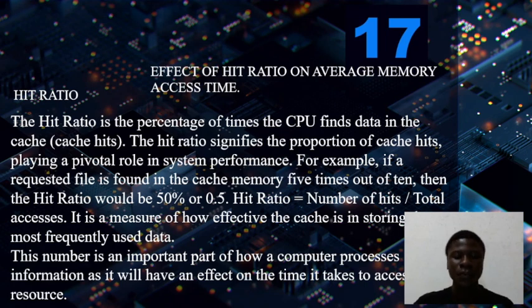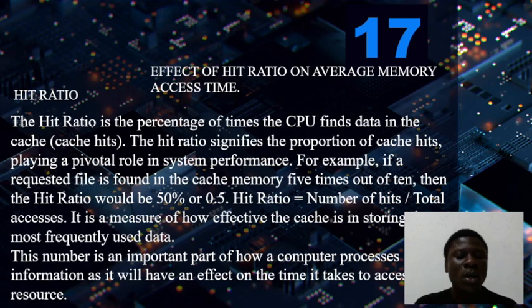The hit ratio signifies the proportion of cache hits, playing a pivotal role in system performance. This simply means that hit ratio plays an important role in the performance of your computer. So if you want your computer to perform as fast and quick as possible, you just avoid a cache miss.